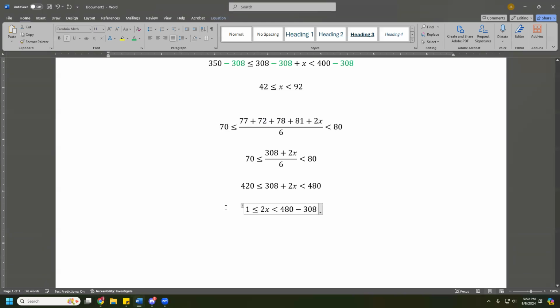This would be 112. And on the other end, I'm going to have 172. And now finally, I need to divide everything by 2. So when I do that, this turns into 56. And I can't do that one in my head. 86.